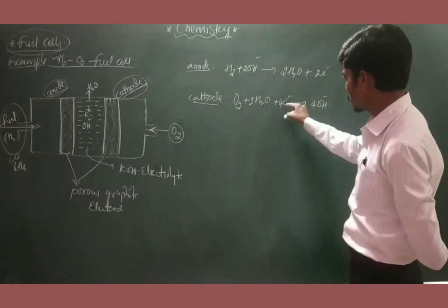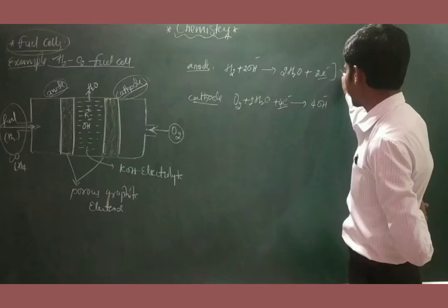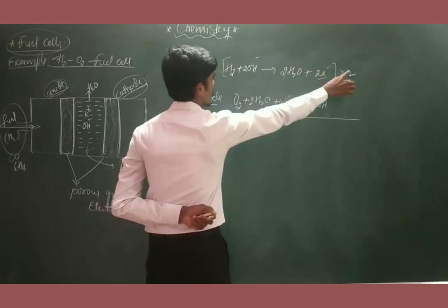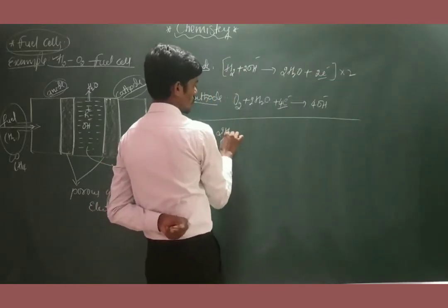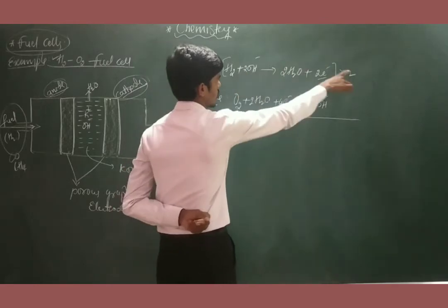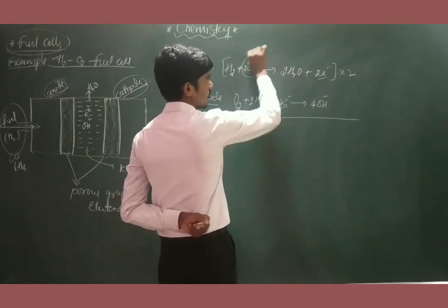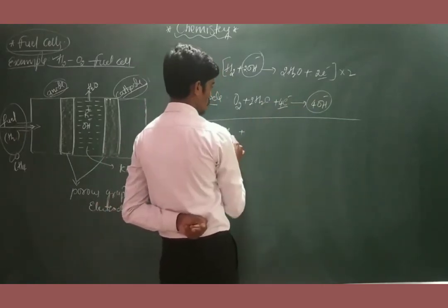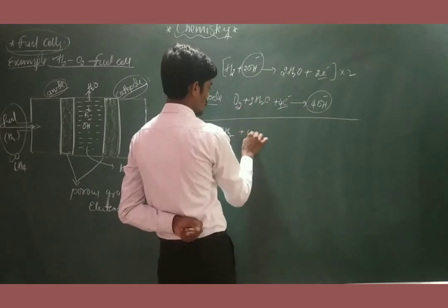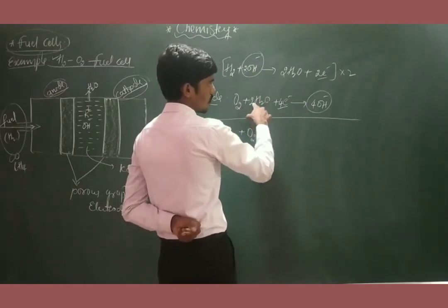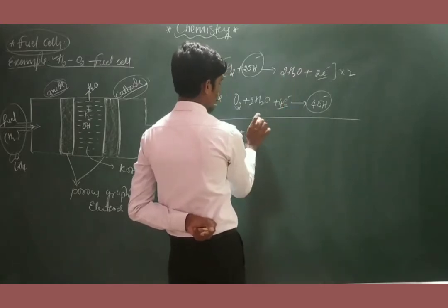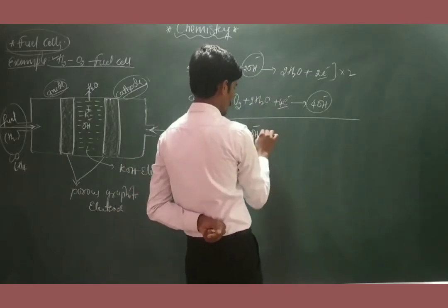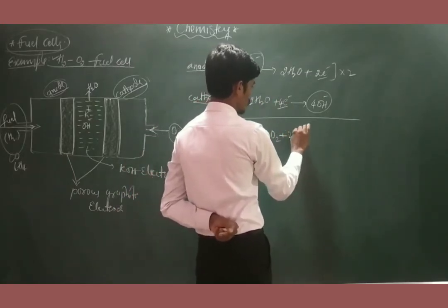So in order to cancel the electrons, the anode equation is multiplied by 2. Therefore the overall reaction is 2H2 plus 4OH minus, and plus O2 plus 2H2O.